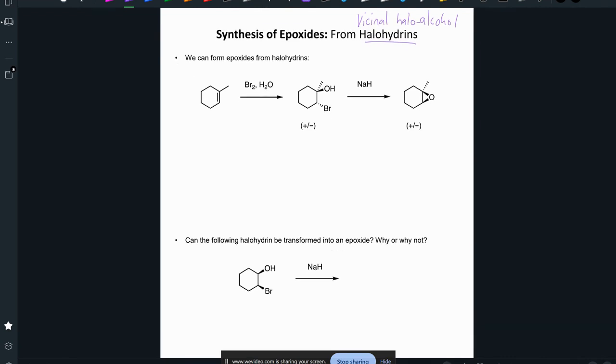You may remember that you can form this halohydrin by reacting an alkene with Br2 and H2O. I'd invite you to pause right now and practice drawing that mechanism, especially if you haven't done it in a while. So pause, draw this mechanism, and then come back.